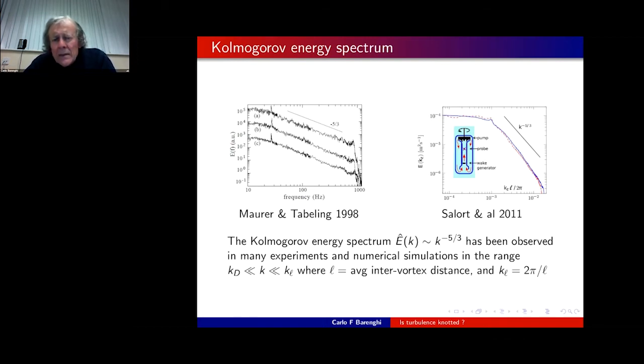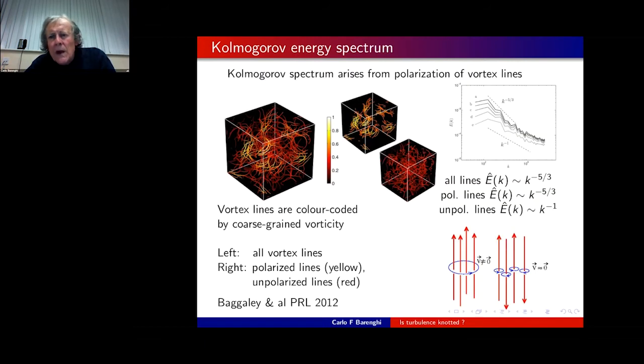Essentially, these figures show that provided we look at large enough length scales, larger than the distance between vortices, we see classical physics. The reason behind that was explained in a paper in 2012.